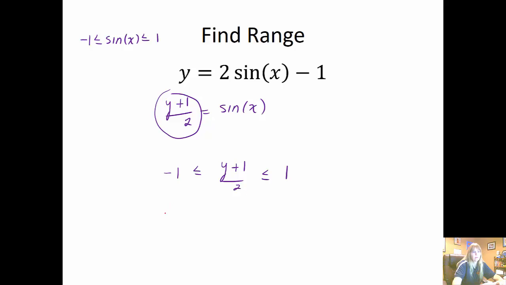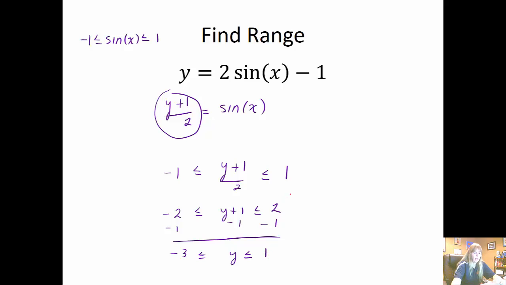Now I can solve this inequality for y. I can multiply everything by 2, so I just have y plus 1 in the middle. And then I can subtract 1 from every piece, and I get -3 to 1.